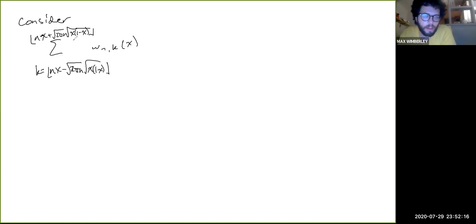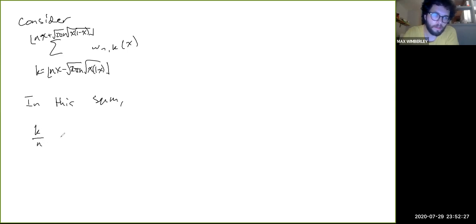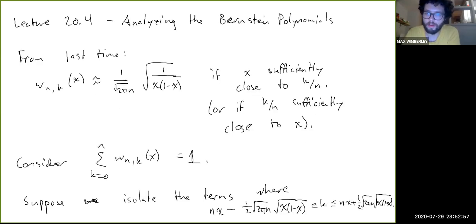Note that in this sum, k over n ranges over a certain interval. If we divide these two things by n and look at the range of values of k over n, we get, oh sorry, there should be a 1/2 here.